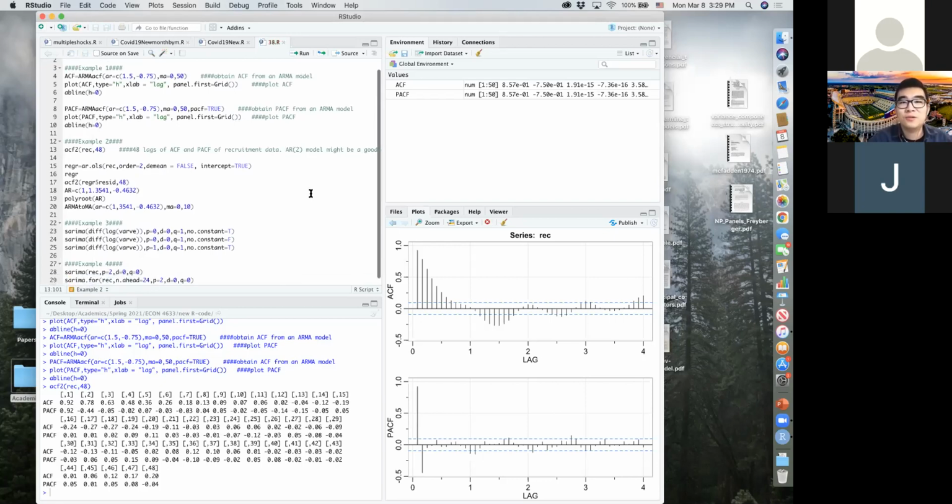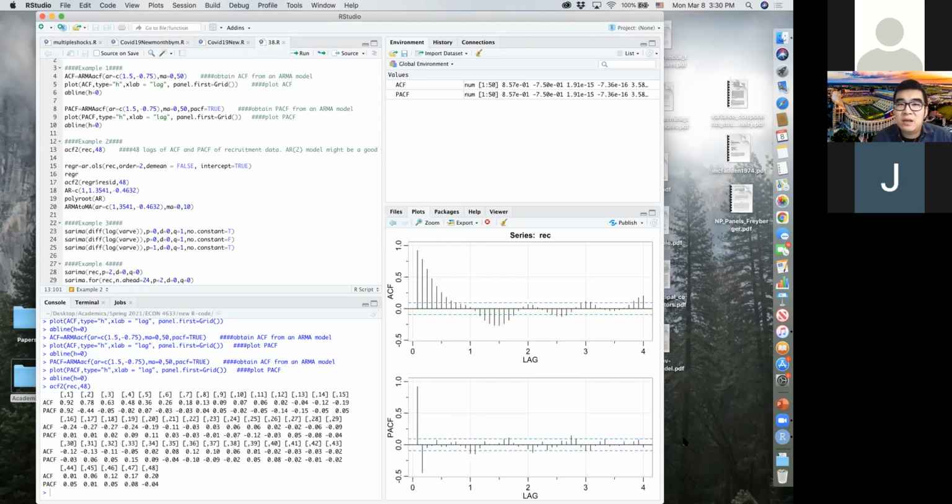But obviously, different people have different views on the ACF and the PACF plots. Some people might also think that both the ACF and the PACF tail off, and they consider this might be an ARMA model.